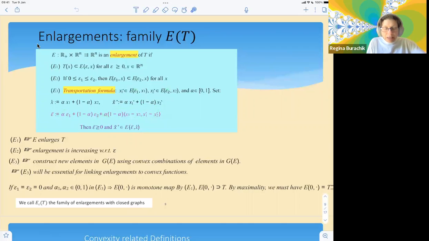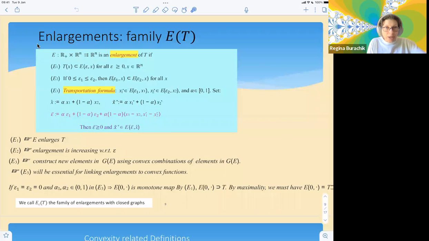I won't go into the details, but the correction term is just the difference between the points in the domain minus the points in the codomain. So this correction term, you have to add it to the original convex combination of the parameters. And then the transportation formula requests that this epsilon bar should be non-negative.